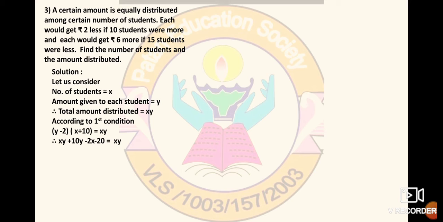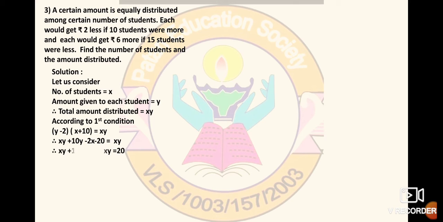For convenience, we just exchange the positions of 20 and xy. The xy, plus 10y, and minus 2x remain as they are, minus 20 will go after the equal sign and xy will come before the equal sign.